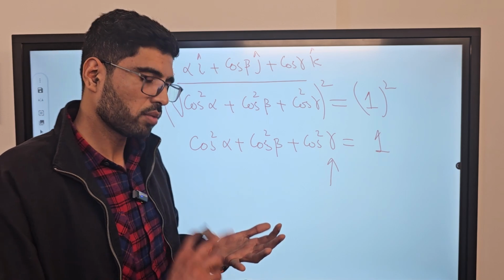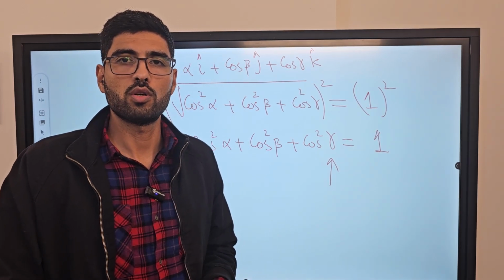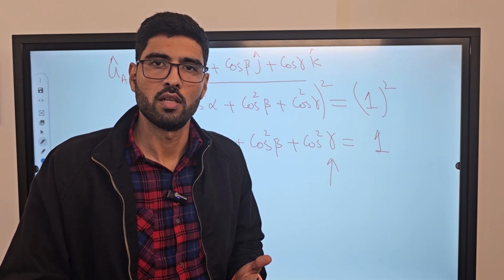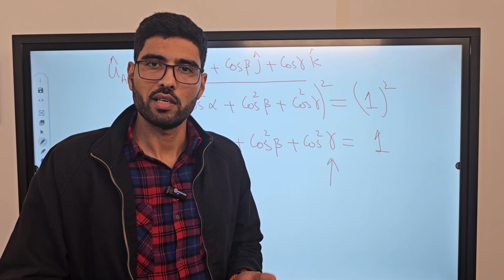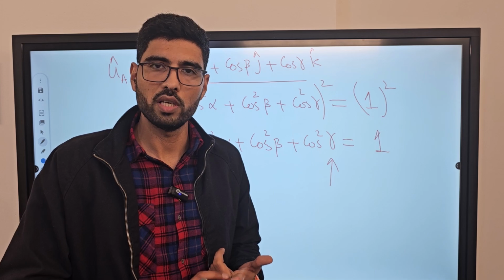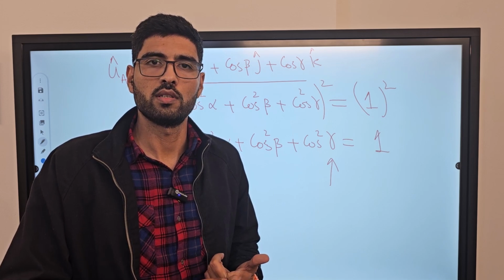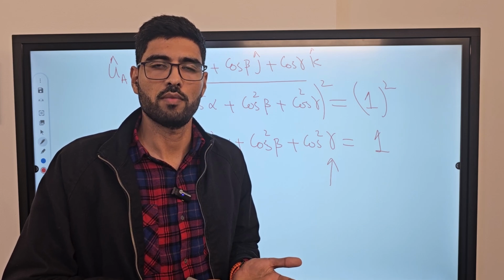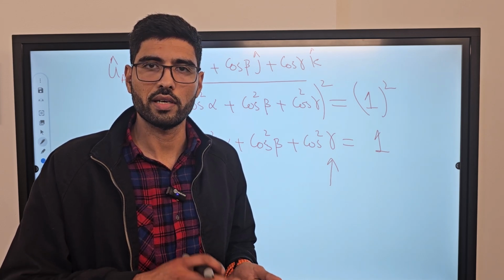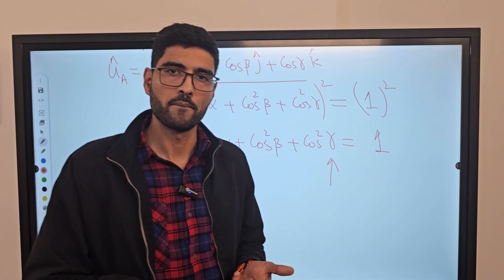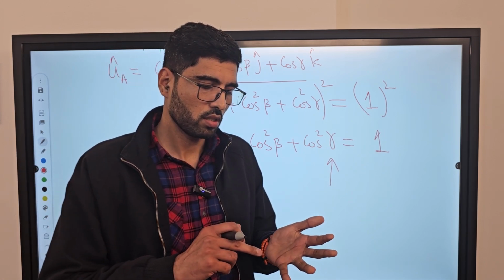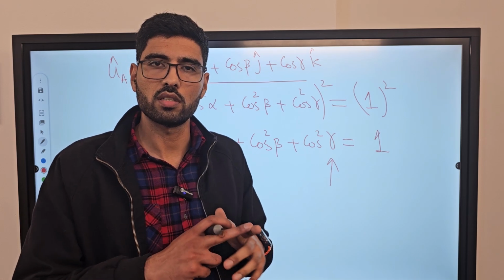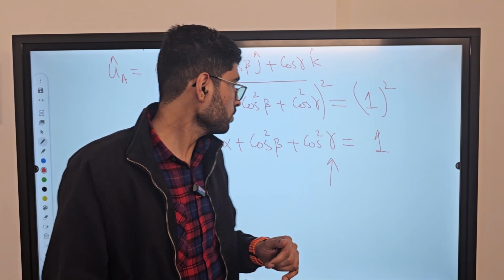To summarize this topic, if we are given the coordinate direction angles alpha, beta and gamma, then ax, ay and az will be the cosine components for those angles. So ax will be a cos of alpha, ay will be a cos of beta, and az will be a cos of gamma. And cos of alpha, cos of beta and cos of gamma are the components of the unit vector.